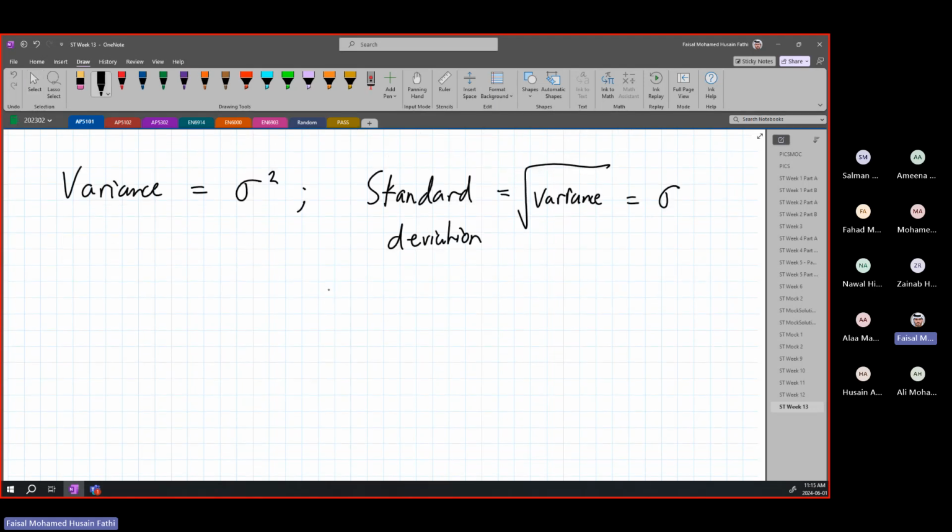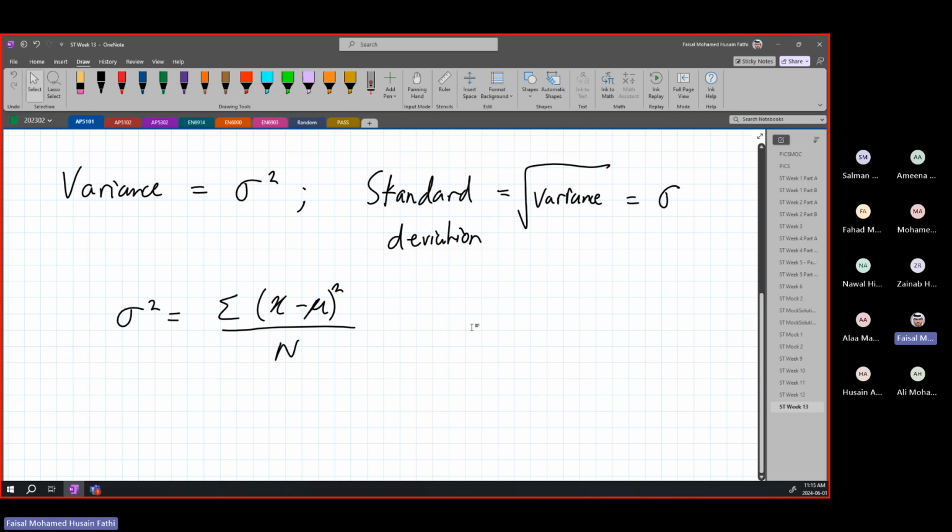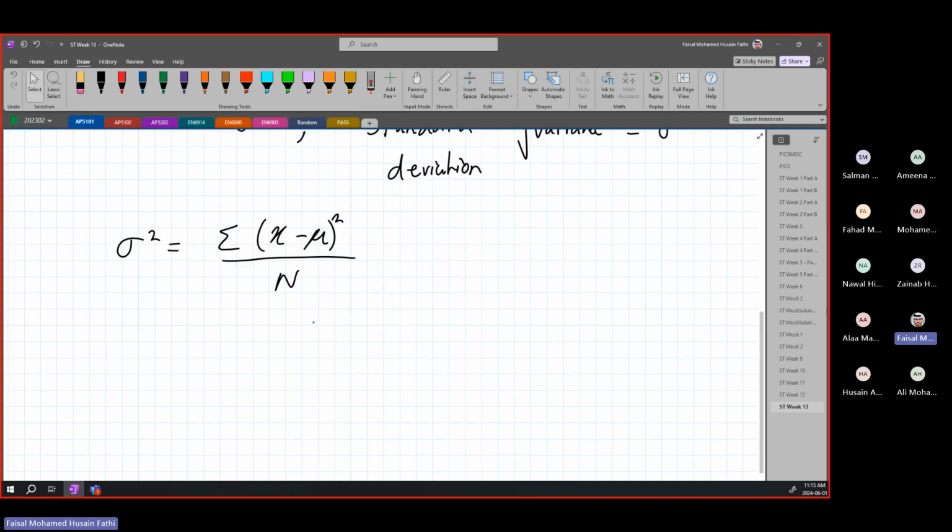Like I said, we had equations for all. The basic equation for variance, this is for raw data, sigma squared is the sum of x minus mu squared, divided by n. This was for population.